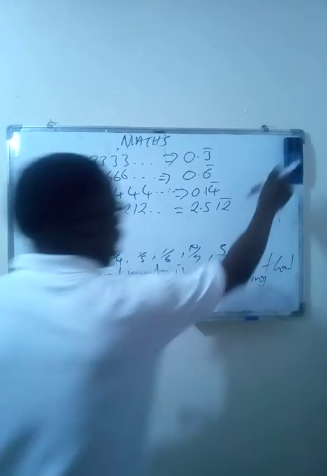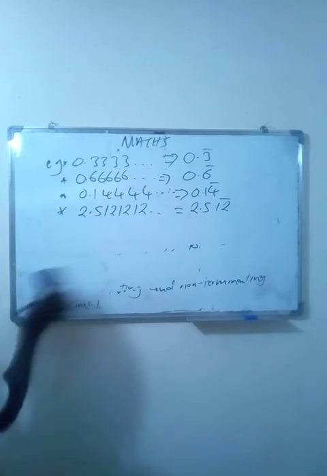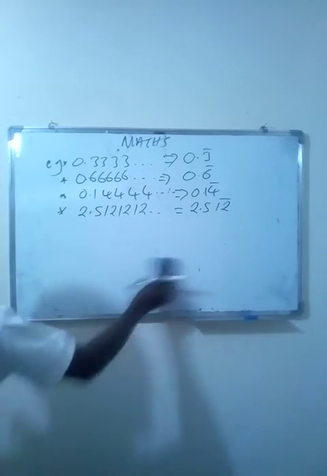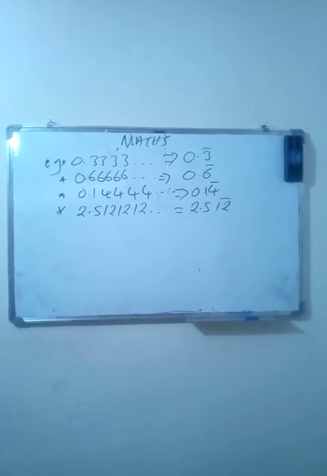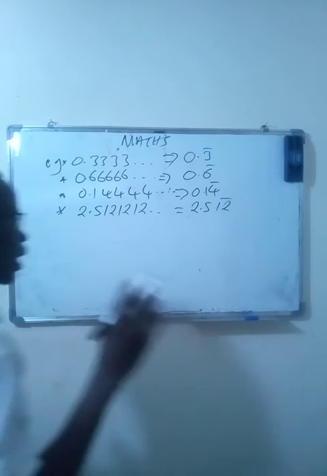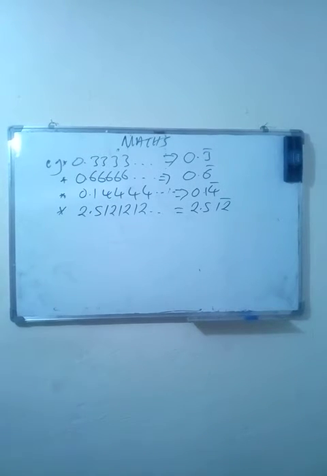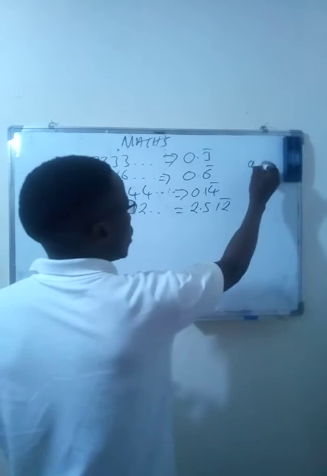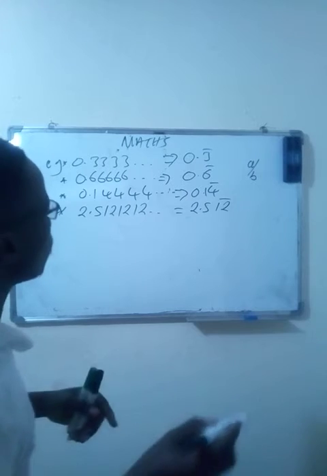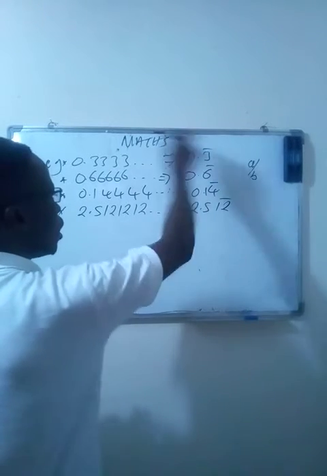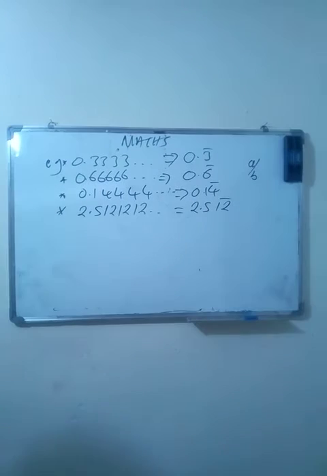Now let's look at how we can convert these rational numbers, which are in the form of decimals, to fractions. Remember, we've already defined that a rational number is a number that can be written in the form a over b, or we can also say that a rational number is a number that has a repeating and non-terminating decimal.